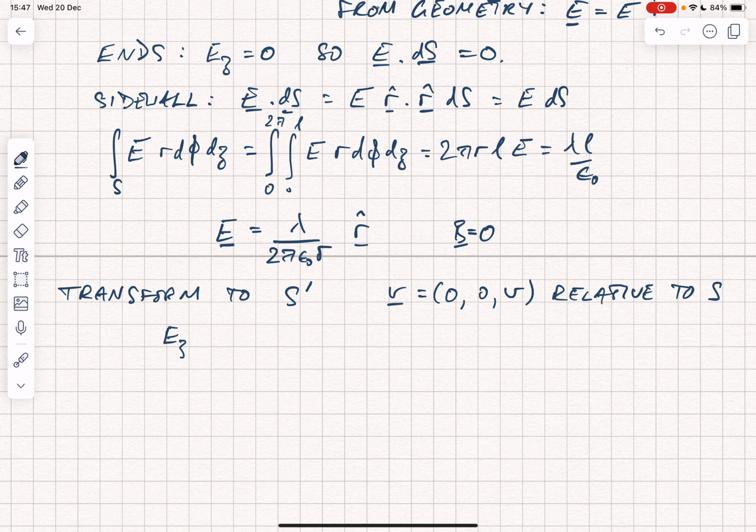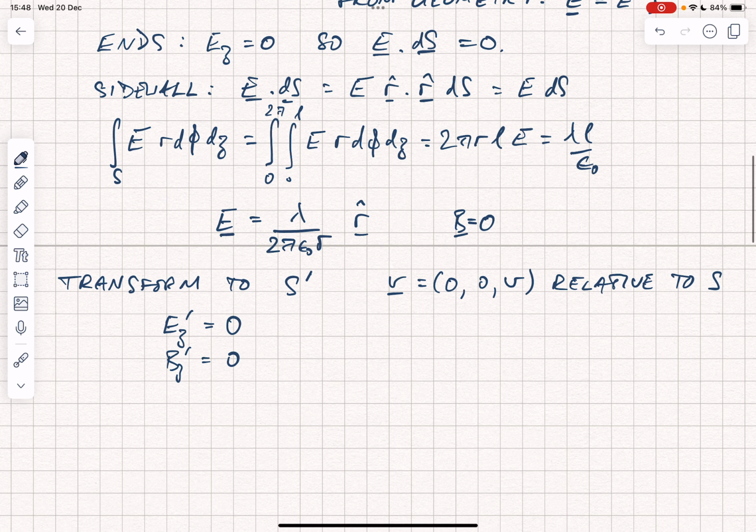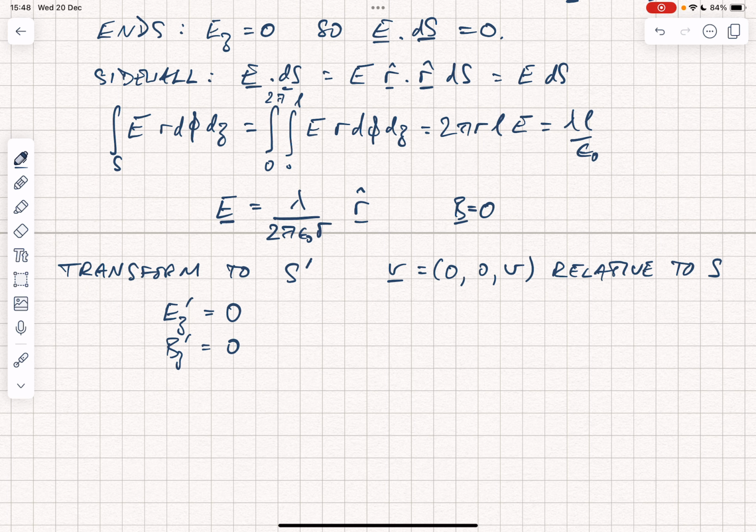Well, Ez prime is just 0 because Ez is 0. Bz prime is equal to 0 because Bz is equal to 0, so those two parallel components are dealt with. If we think about E prime in the phi direction, that's going to equal naught because there's no E in the phi direction, and there's no B field.